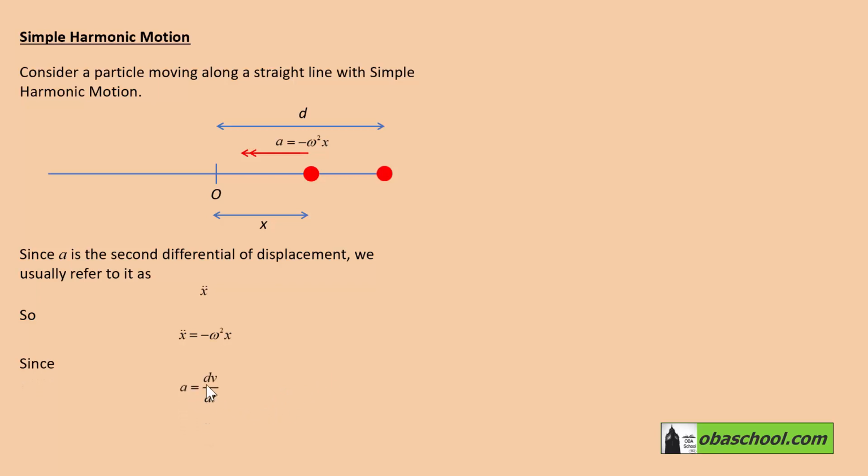Since a is equal to dv dt, and using the chain rule, we get that dv dt is equal to dx dt times dv dx, which is, since dx dt is v, v dv dx. We can also have that x double dot is v dv dx.